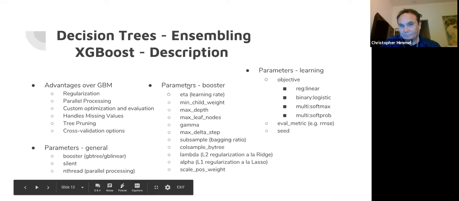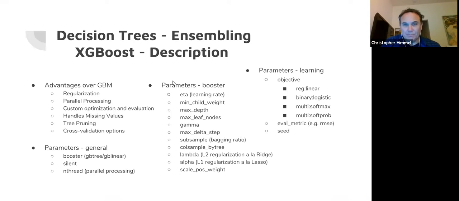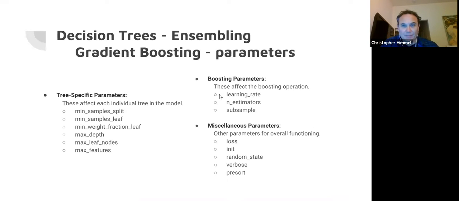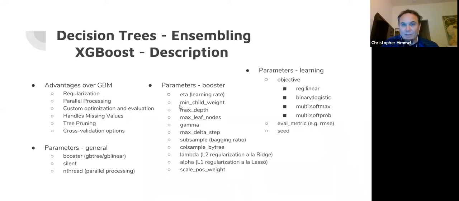So some parameters that are specific to the boosting. ETA, learning rate, that's analogous to the learning rate in gradient boosting. Minimum child weight, not sure what this is, but it has to do with how deep your weak learner is going to get.